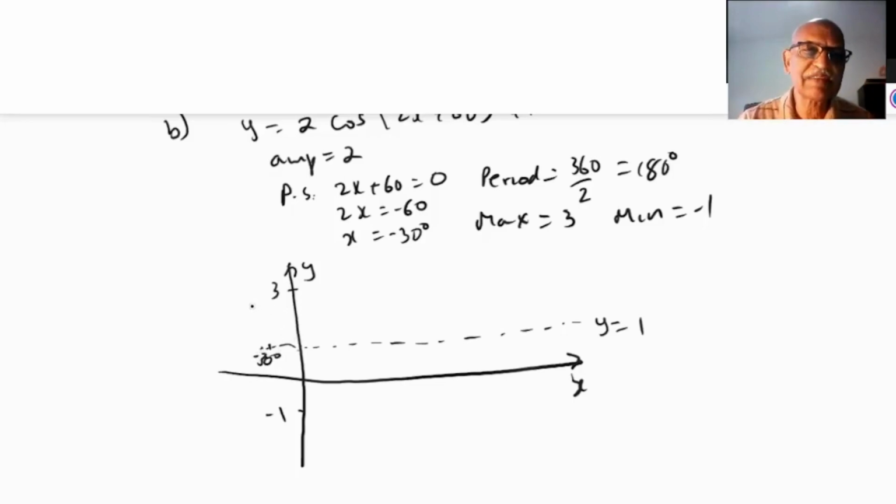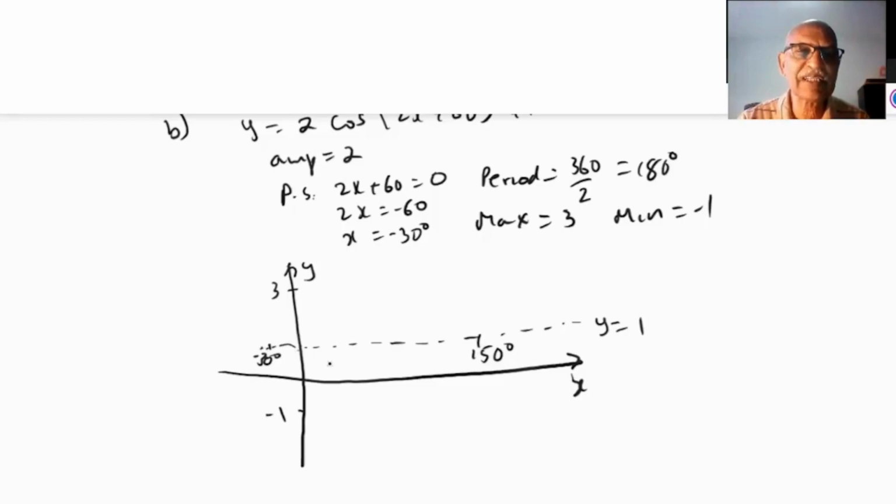From negative 30, we add 180 because the period is 180 degrees. Negative 30 plus 180 is 150. So the cycle starts here and ends at 150.